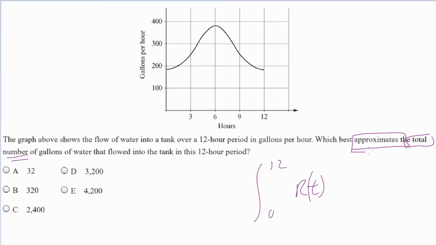So we've got a number of ways from calculus to best approximate. I think you could use a left Riemann sum. I think that would totally be a good approximation. You could use a right Riemann sum, and it'd actually look a lot like the left. You could use a midpoint Riemann sum.